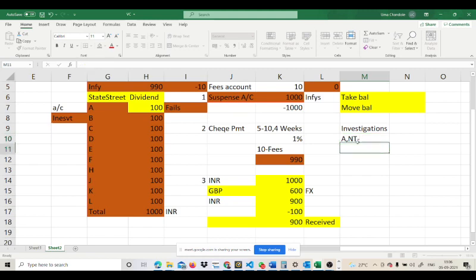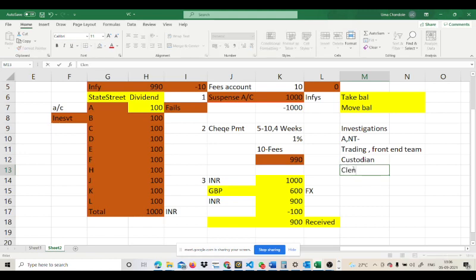You can even ask your trading or front end team. You can even confirm this position with the custodian as well, right?